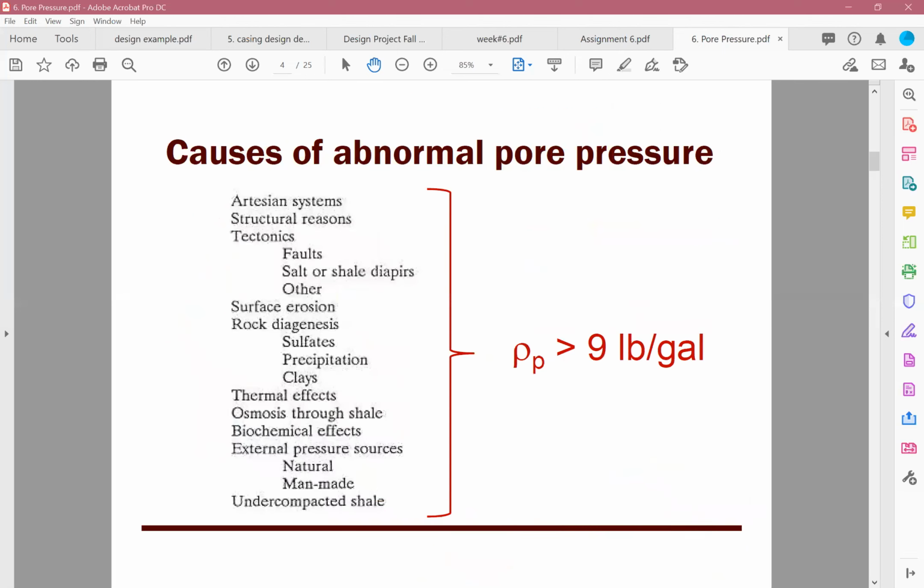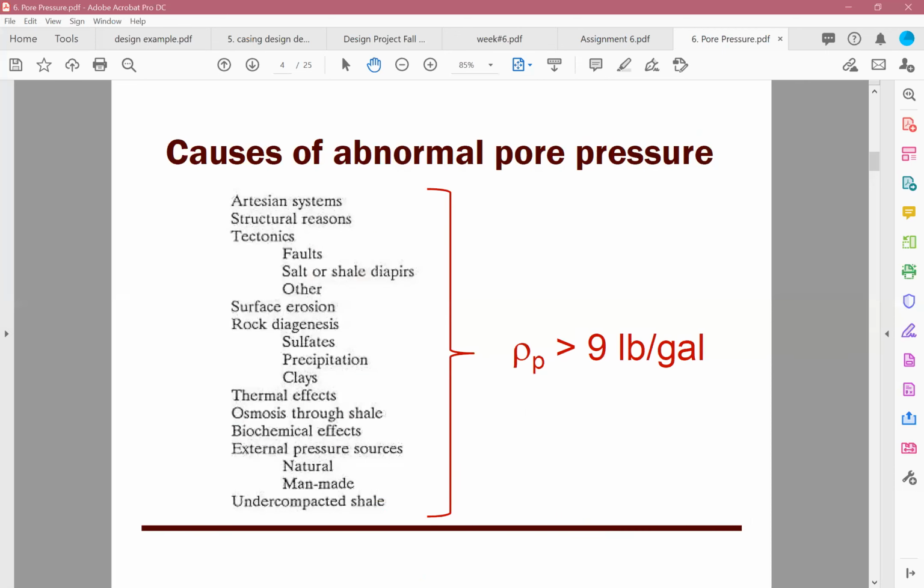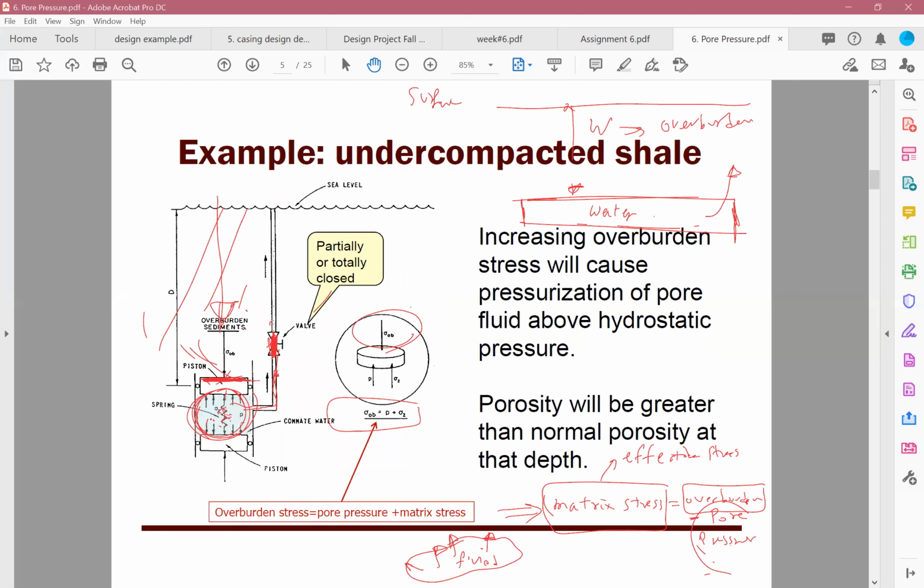in normal pore pressure gradient, however, since all these pores are connected together, if there is a pressure due to overburden, then that water can escape to somewhere else, right? But in abnormal formation pressure, that water cannot escape the formation due to a couple of reasons.